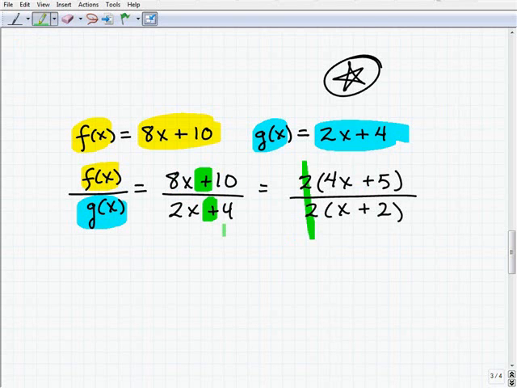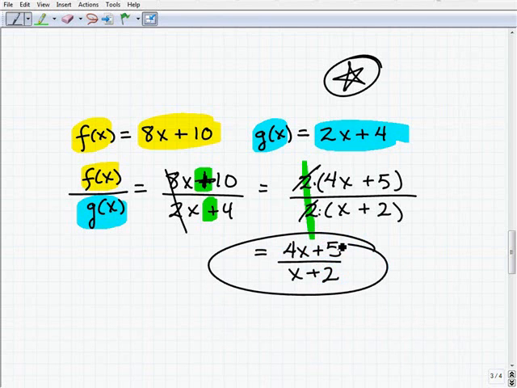You can cross-cancel factors, which have to do with the multiplication operator, not an addition situation. Sorry, I got a little tongue-tied there, but I wanted to make sure you understand that you cannot cross-cancel through addition. Those are factors. So we cross-cancel there, and we end up with 4x plus 5 over x plus 2. So that is correct.